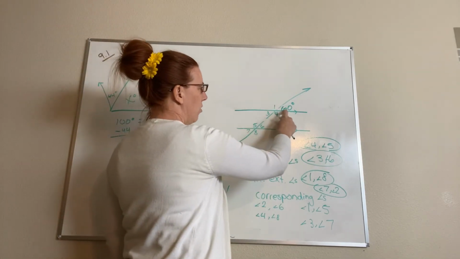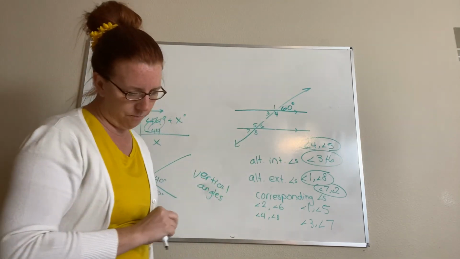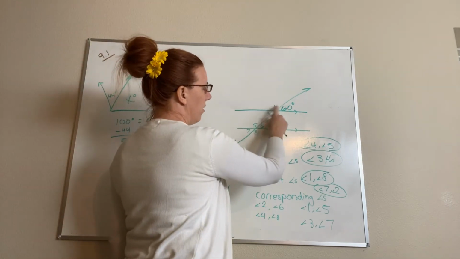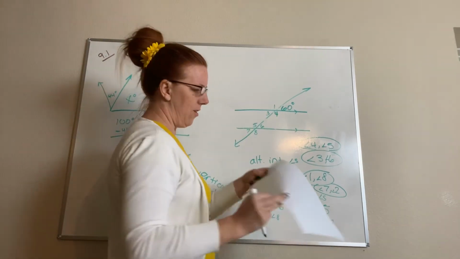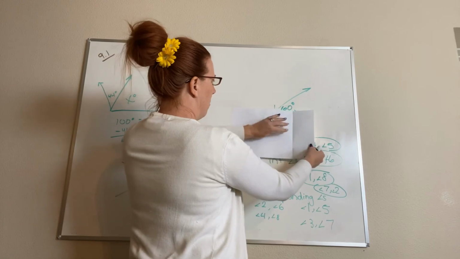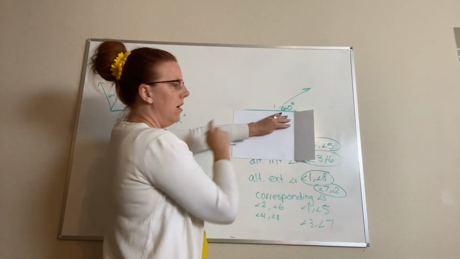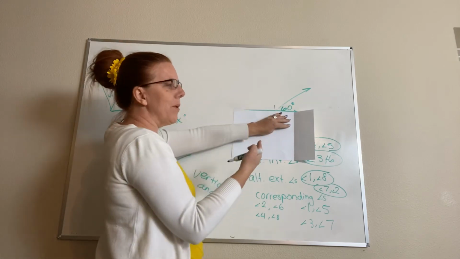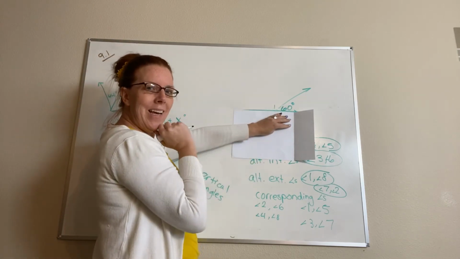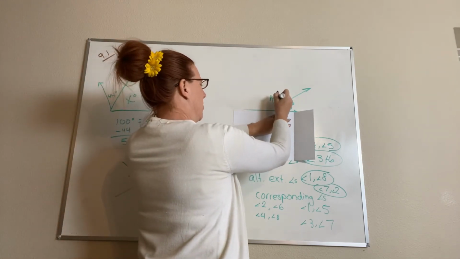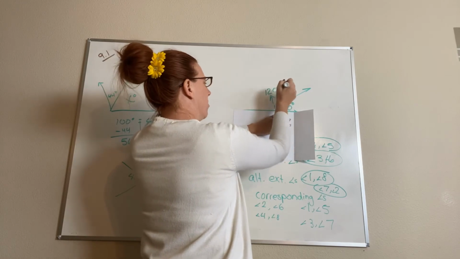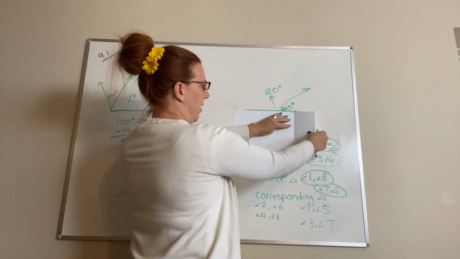Let's just say I want to know angle 1. Well, these two, if you cover up the rest of the picture, form a straight line. And remember, straight lines add to be 180. So 60 plus what number equals 180? So this would have to be 120 degrees so that they add to be a straight line.